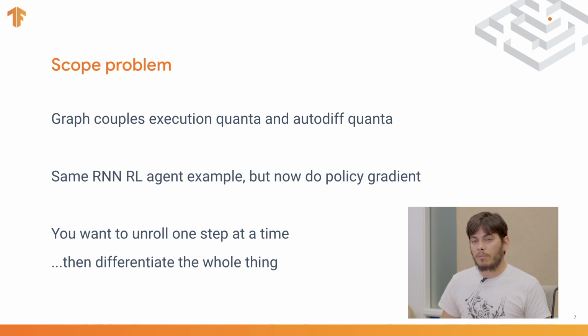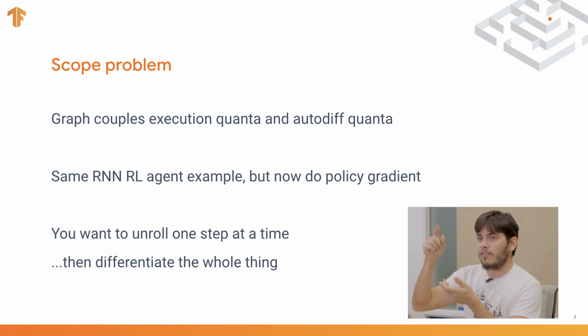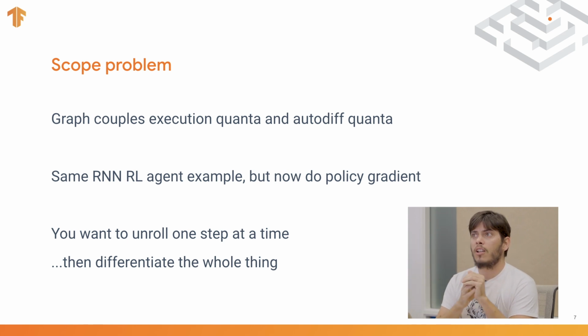And you take the gradient of that probability, multiply by the reward your agent got, and apply this to the weights. And now, not only do you want to avoid transferring the RNN state back and forth between the host and your accelerator, but you also want to backprop through a number of steps that might not even be known before you start your computation.